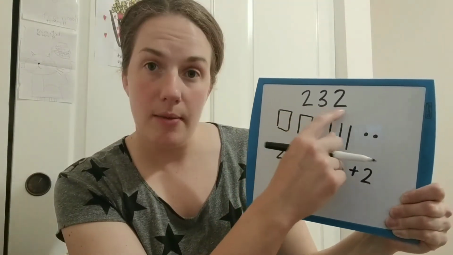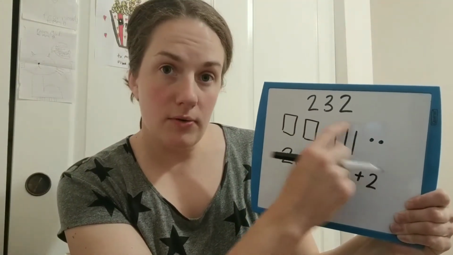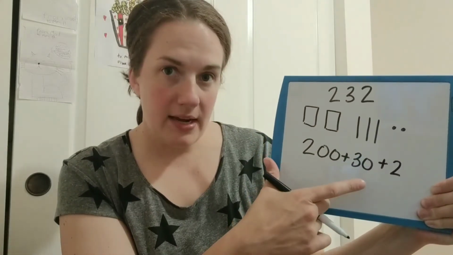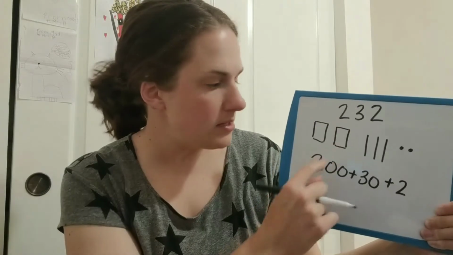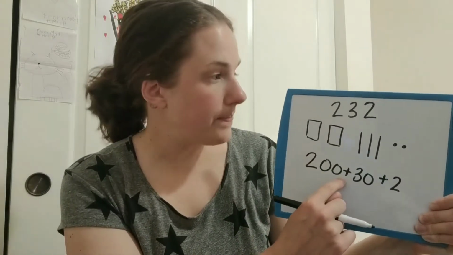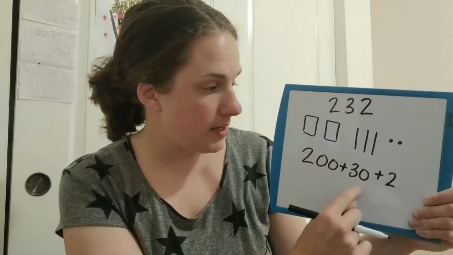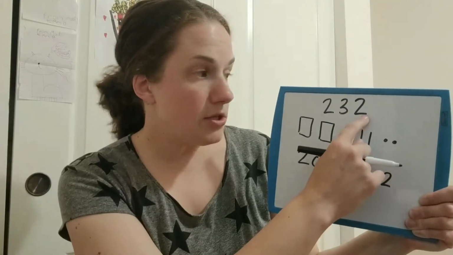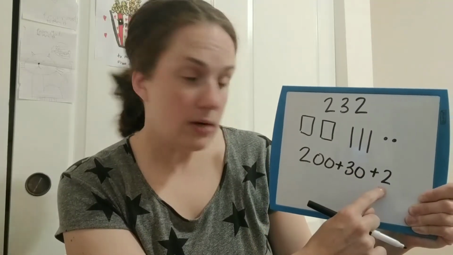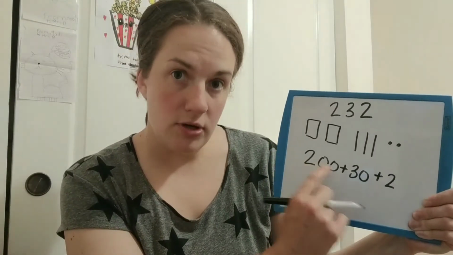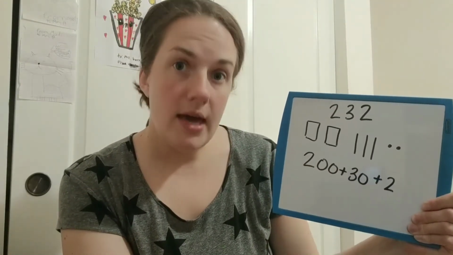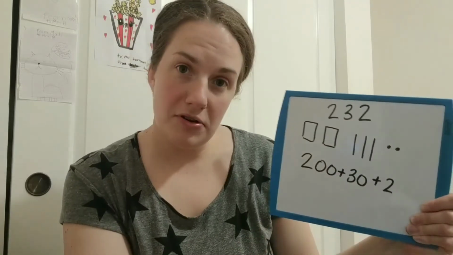We took this number, 232, and the digits, and we expanded them to show that we know that the 2 in the hundreds place represents 200. The 3 in the tens place represents 30, and the 2 in the ones place is equal to 2. So this is the expanded form, and we know that 200 plus 30 plus 2 equals 232.